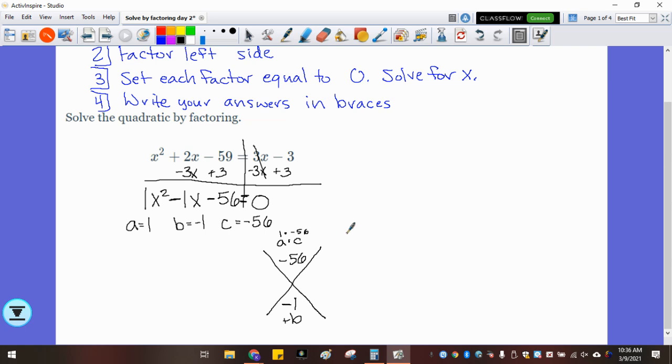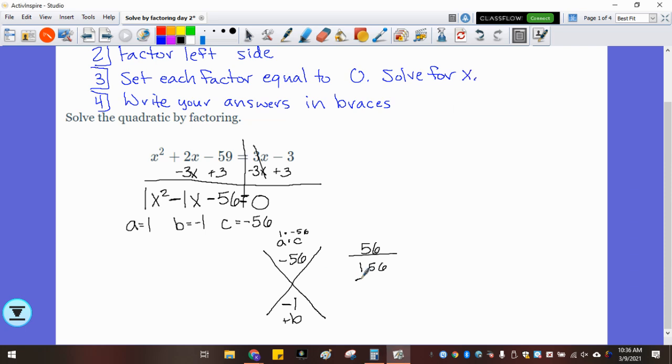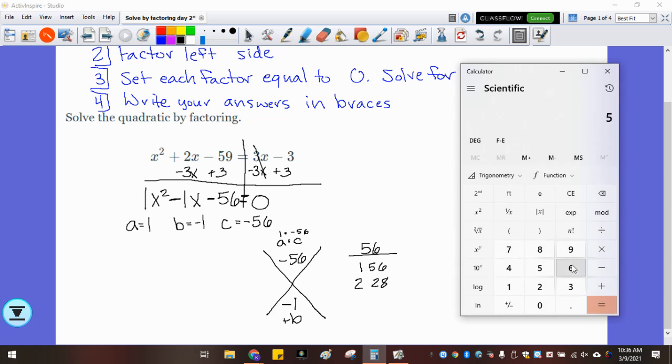If you don't know, you got to make your list. 56. 1 and 56. 56 is even, so it's divisible by 2. 2 and 28. 56 is not divisible by 3 because you get a decimal. 56 divided by 4 is 14.